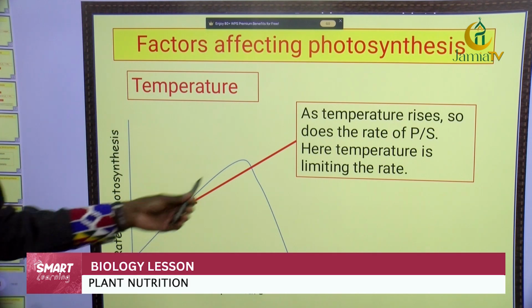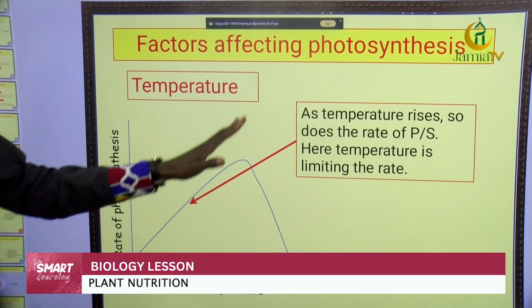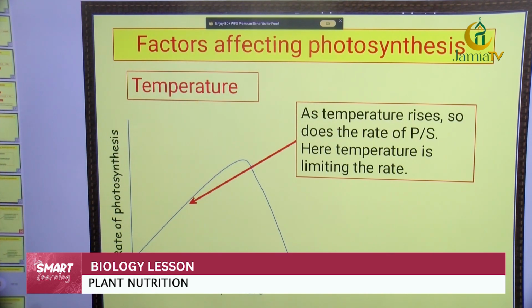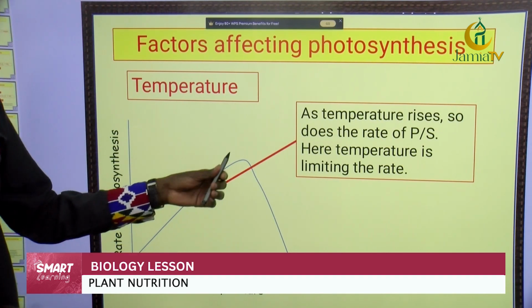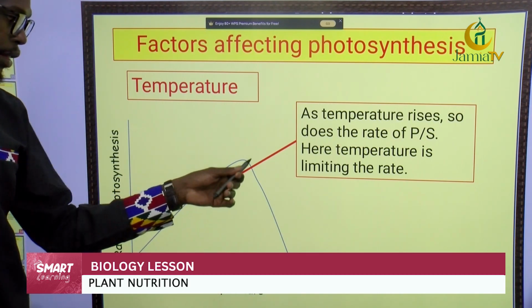So, you explain the graph accordingly. You start by saying an increase in temperature increases the activities of the enzyme, therefore increasing the rate of photosynthesis. Optimum temperature is the best temperature for photosynthesis, at the peak.